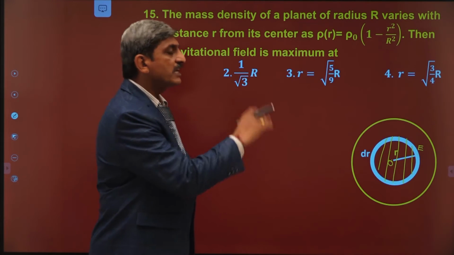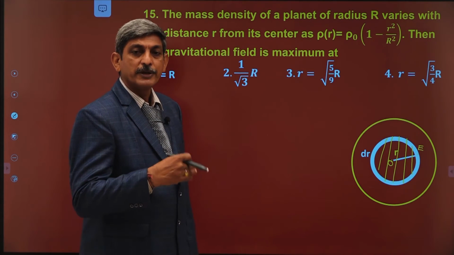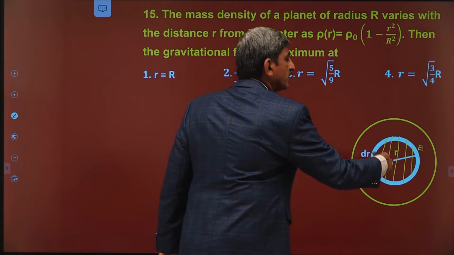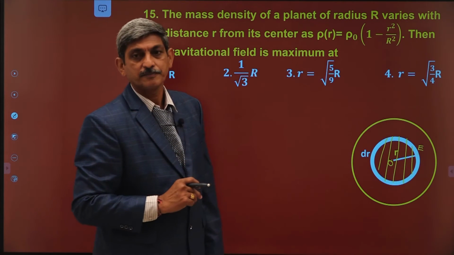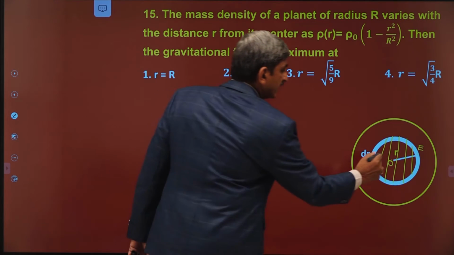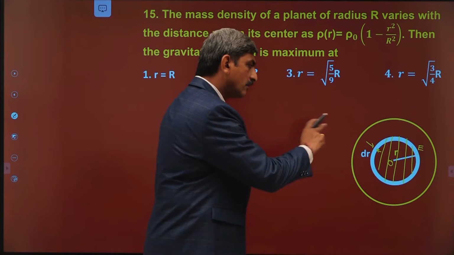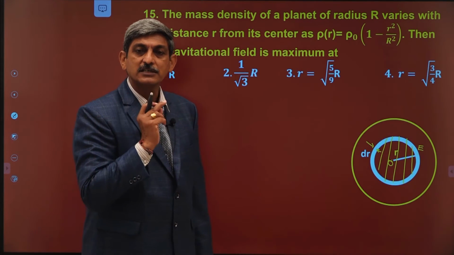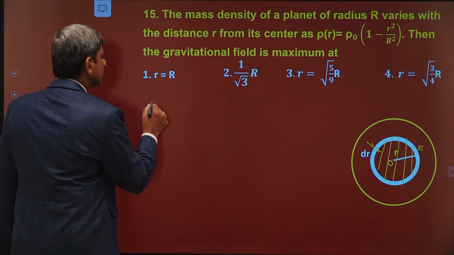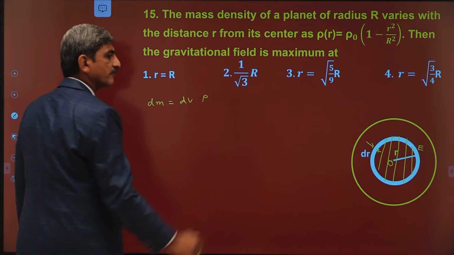Here the density is varying with the distance, that's why the mass of the planet inside that region can be determined using integration. For that, the sphere is divided into concentric spherical shells. Let us consider one shell at a distance r whose thickness is dr. First, I am going to calculate the mass of the spherical shell. The mass of the spherical shell is dm equal to dV times the density.